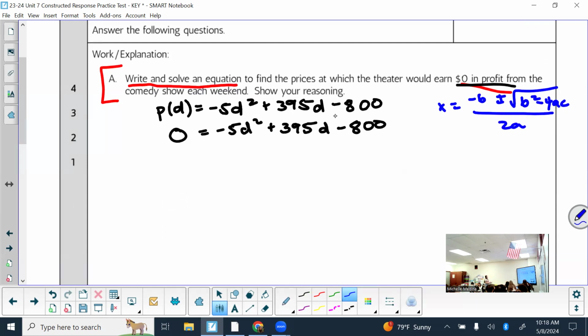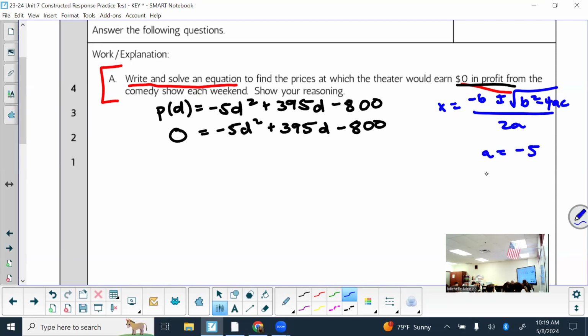For that, you need to identify your a, b, and c. So table 8, what's my a going to be in this? What would be considered my a? -5 is correct.